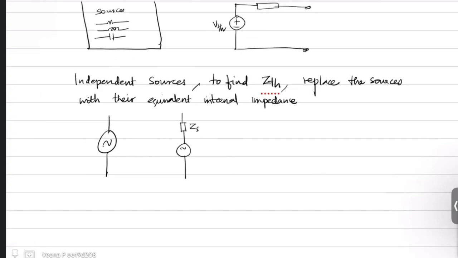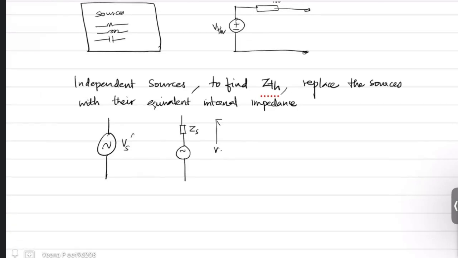So this is the internal impedance of this voltage source. This is a voltage source dash. Then the reality is the Vs dash is what we get outside. This is your Vs dash, where this is your real Vs. There will be a drop across the impedance. In Thevenin system, you just replace with their internal impedance for an ideal case.